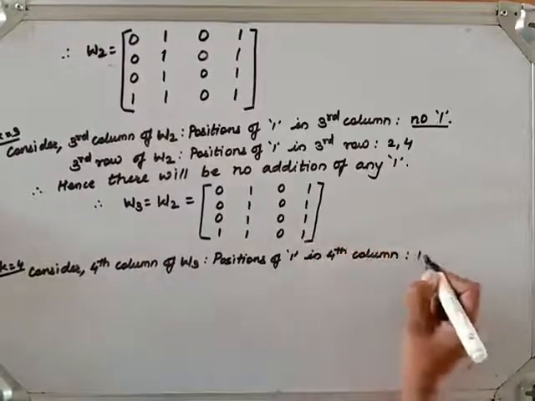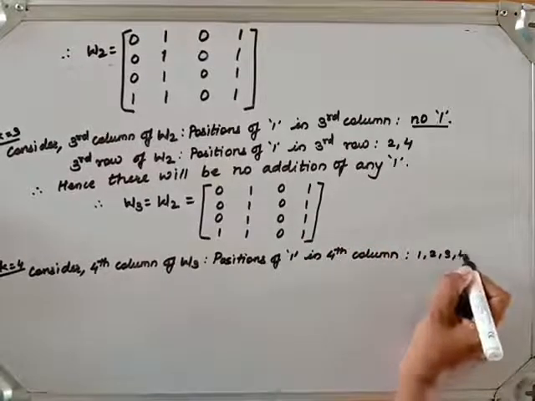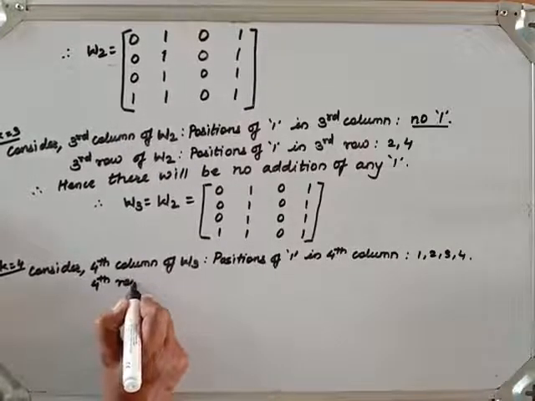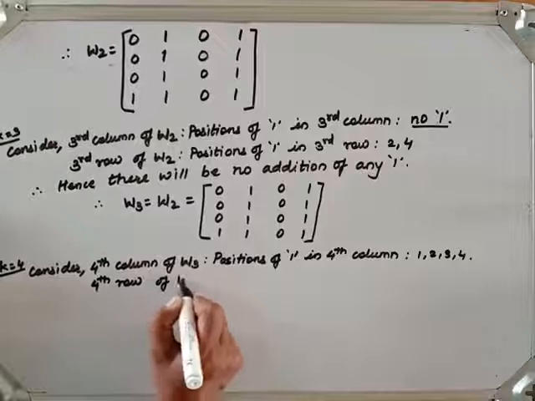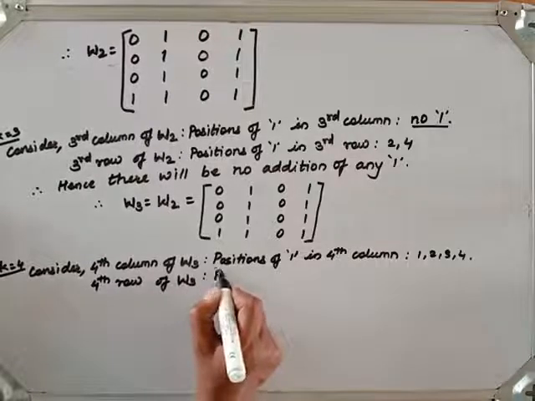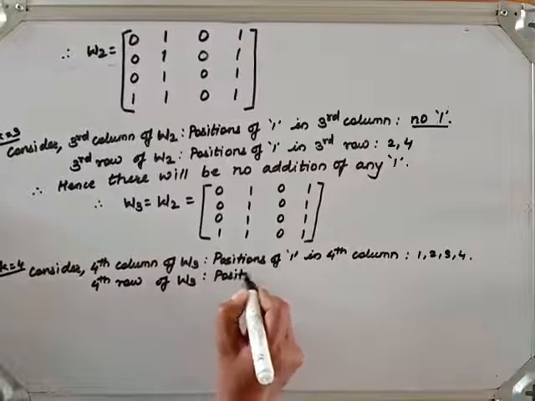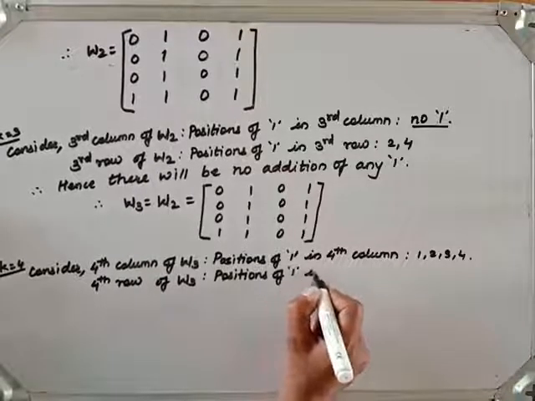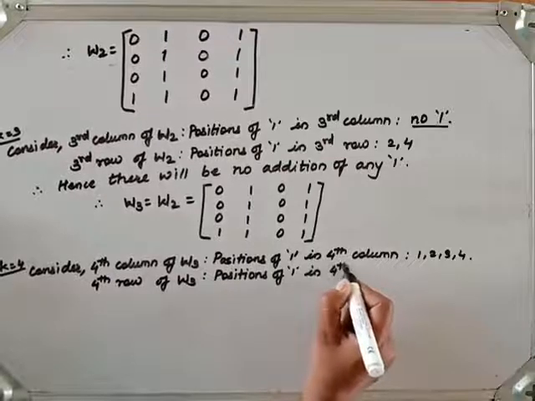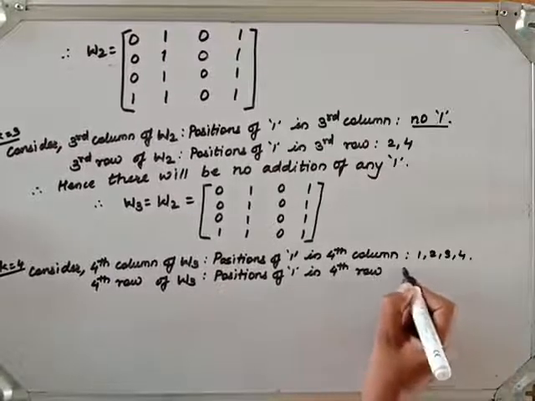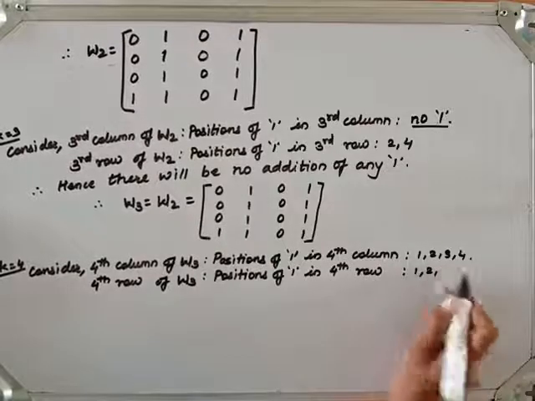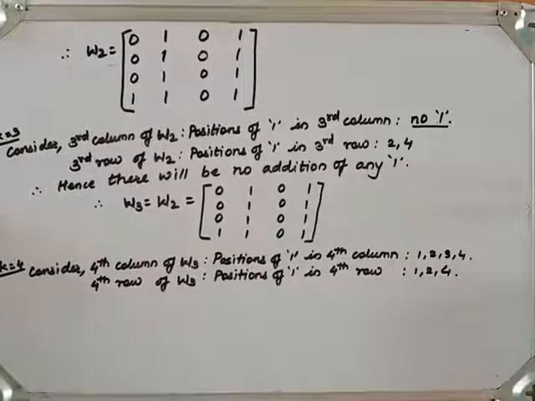At all positions there is 1: 1, 2, 3 and 4. Now the fourth row of W3. The positions of 1 in the fourth row are at 1, 2 and 4.